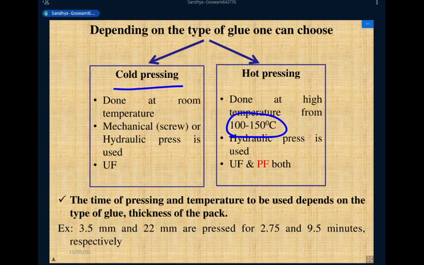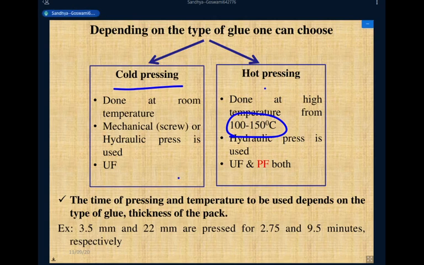And there is also a difference in the stacking for cold press or hot press. In case of cold press, for example, you have prepared 10 plywoods with 3 plies each.